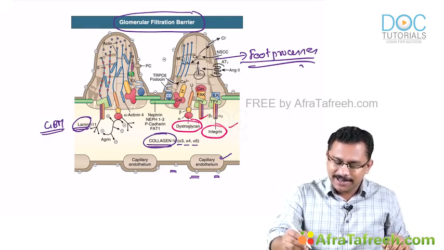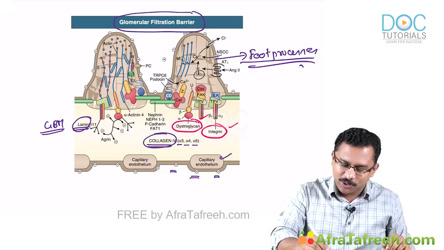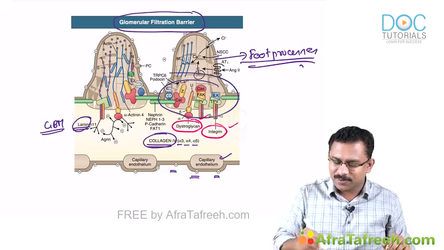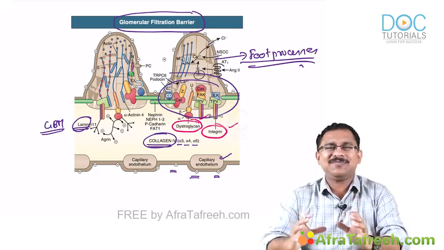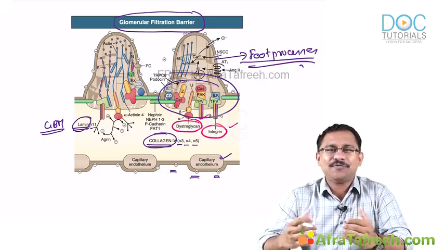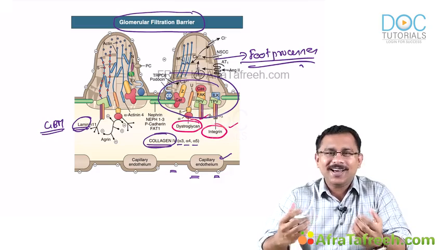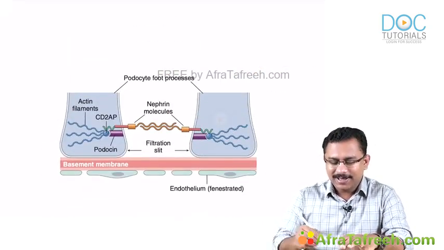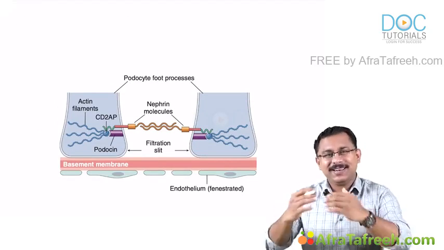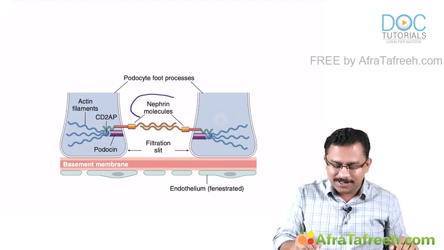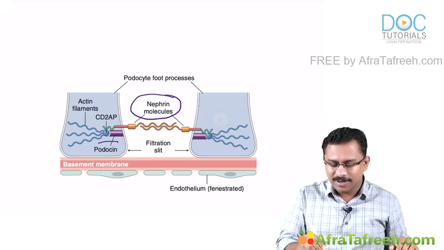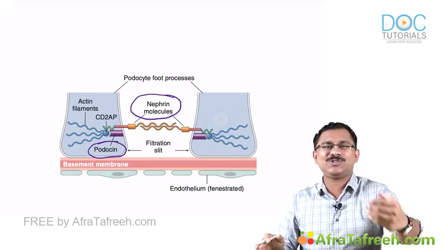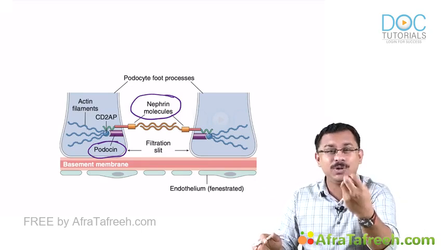And then see all these molecules that you see here. Can you see lots of proteins here? All of this is involved in the maintenance of an intact glomerular filtration barrier. You also have, even in the slit diaphragm, certain molecules like nephrin and podocin, all of which are important and will make sense once we discuss the individual disorders.